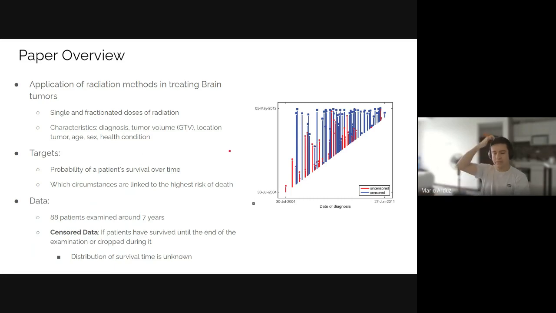So if we want to calculate the probability of a survival time greater than 20 months, we can't just calculate this as a ratio of the people that survive with regard to the other ones, because we would be underestimating this number.